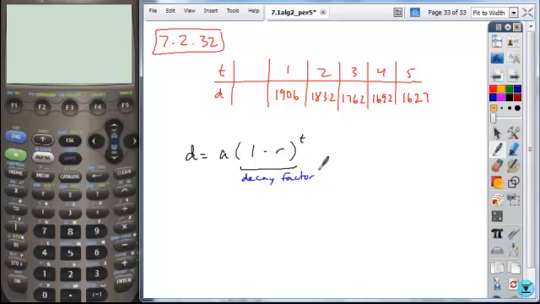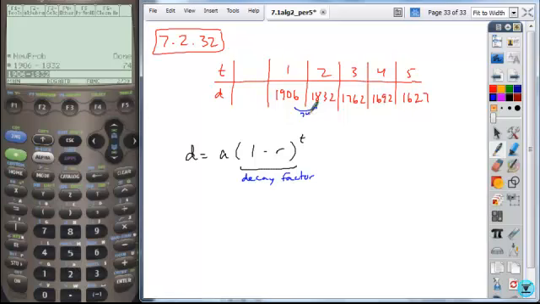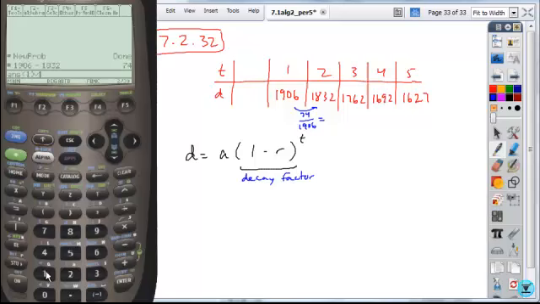There's two ways that you can think of this decay or identify this decay factor. You can look to see how you move from one year to the next. So if you took the difference of these two values, 1906 minus 1832, that's a difference of 74, and we divide it by 1906, that's going to give us the rate, the r value.